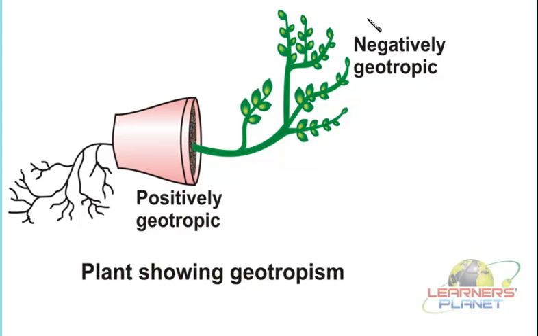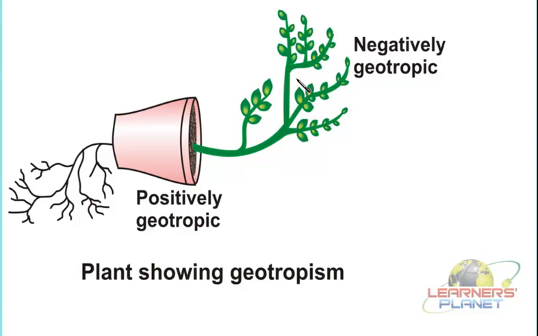Here we had not taken light as a source of stimulus. Then how is this bending taking place in the upward direction in the shoot? Because if the light is there, we can say that it is because of the light rays, isn't it? But in this case, we can keep the conditions dark. So what other stimulus is present now? It is of course the gravity.